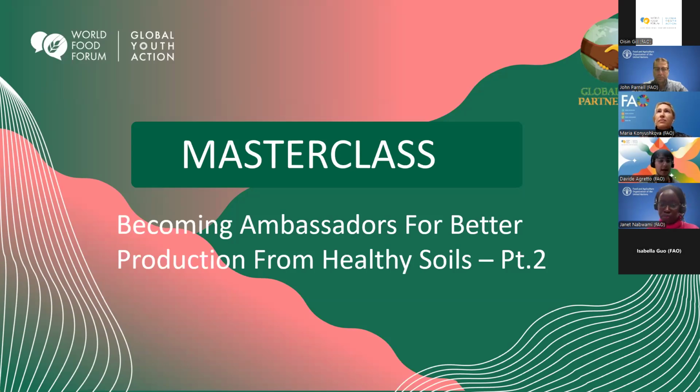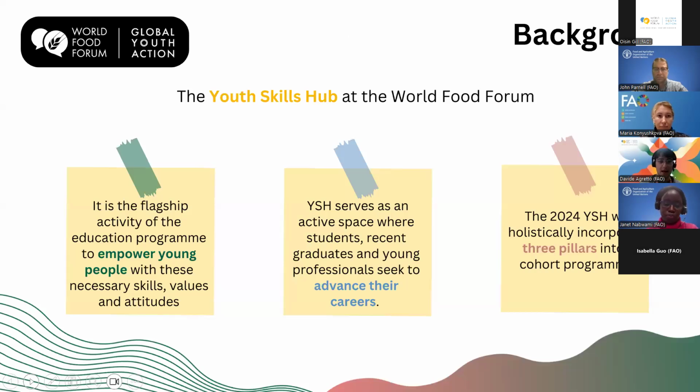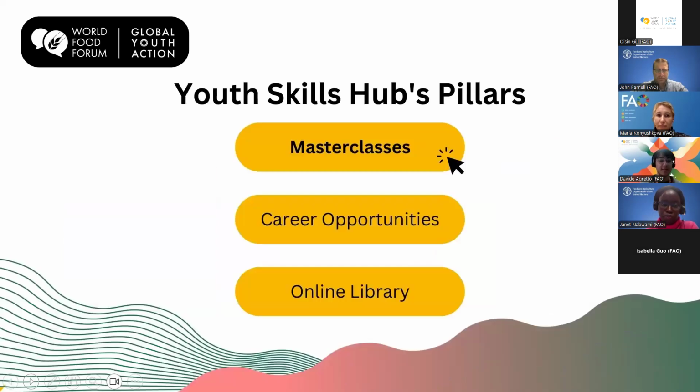The Youth Skills Hub is a platform that equips youth with knowledge, skills, and confidence for the workforce and for improving agri-food systems. It moves around three pillars. The first one is a series of skills-oriented masterclasses to educate participants on agri-food systems, such as the one that we are on today.